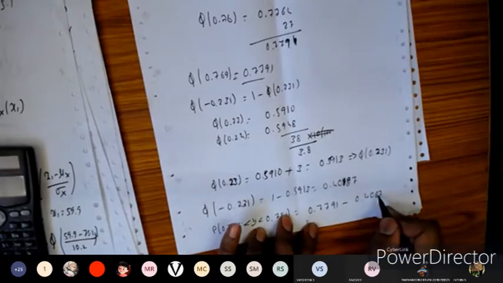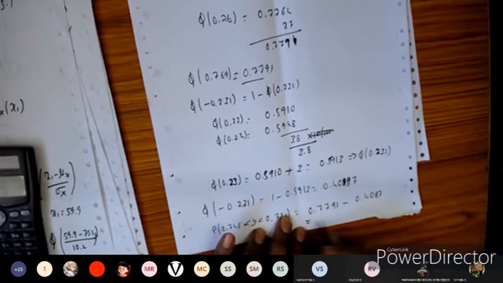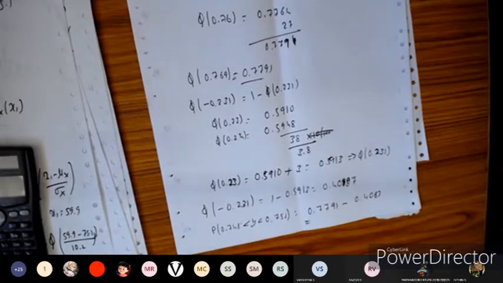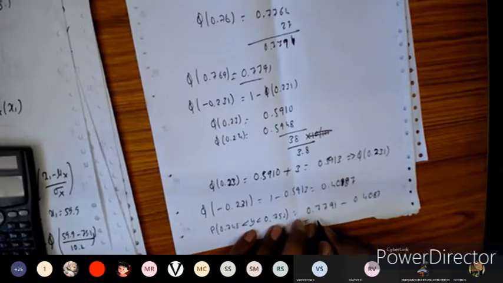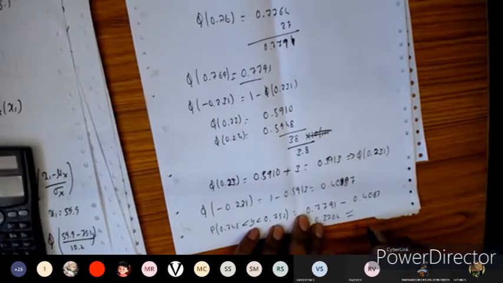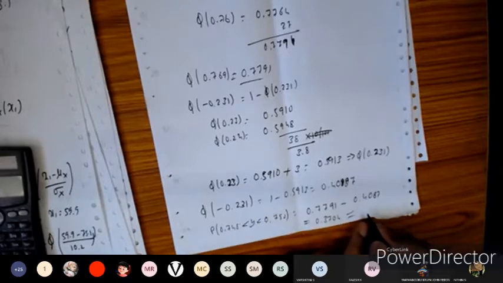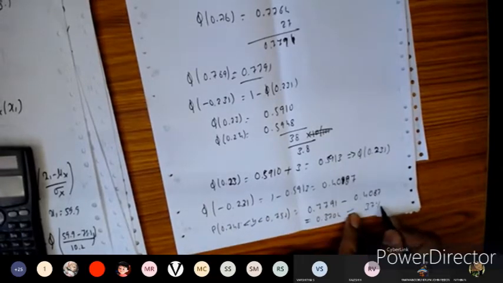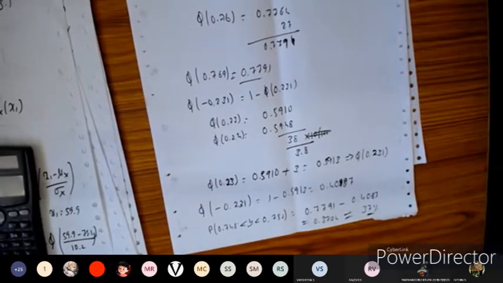So what's the answer we'll get here? 0.3704. So in terms of the percentage, we can take this as 37%.